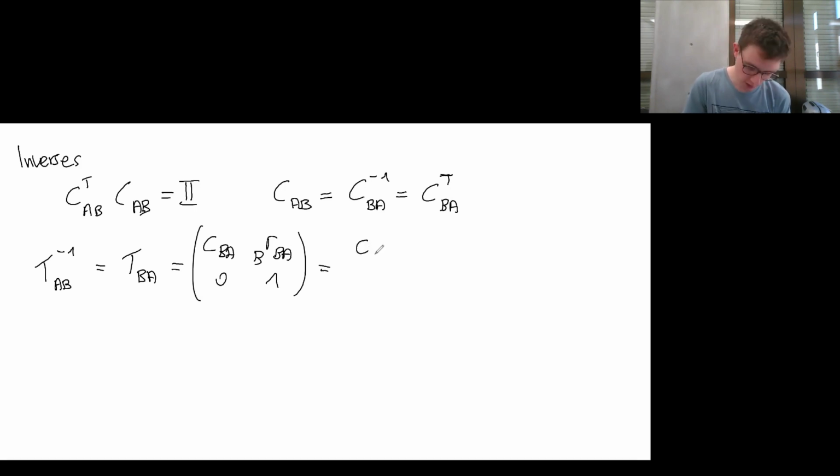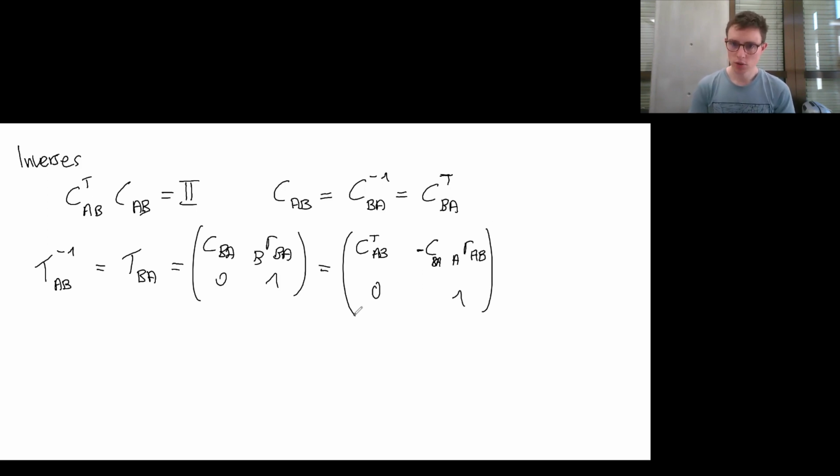So this is actually C_AB transpose from above. And now r_BA expressed in the terms that appear in T_AB is actually r_AB in A rotated into B. And then we need to take the negative of it because we want to go from B to A instead of A to B. And here, of course, 0, 1 stays.